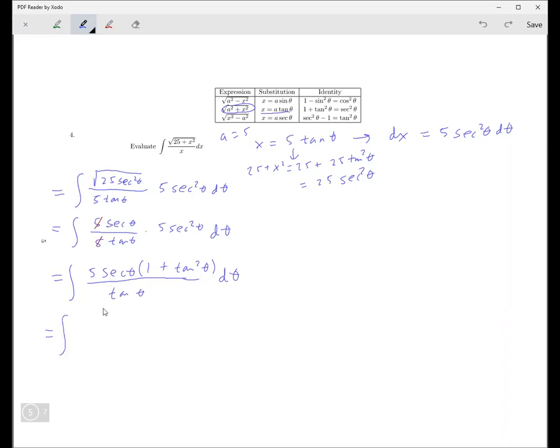Okay, now what this does is it gives us 2 separate integrals, because if we have an addition in the numerator, then we can split it up into 2 pieces. Okay, so all of this times 1 first. And then all this times tangent squared. Okay, tangent squared over tangent is just tangent, like that.